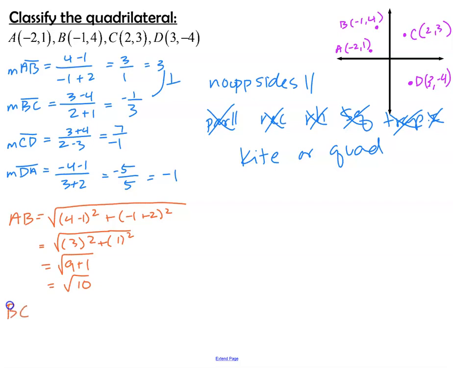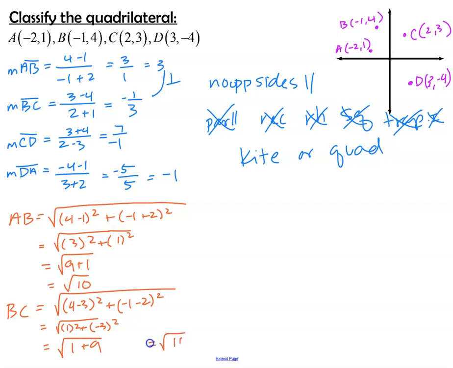Next, let's go ahead with side BC. I'm going to write that out down here. We have 4 minus 3 squared plus -1 minus 2 squared. This gives us 1 squared plus -3 squared. This is the square root of 1 plus 9. So again, we're going to get the square root of 10.